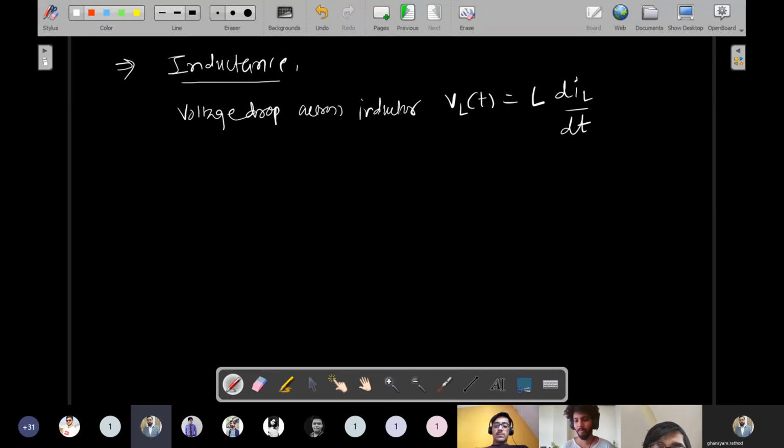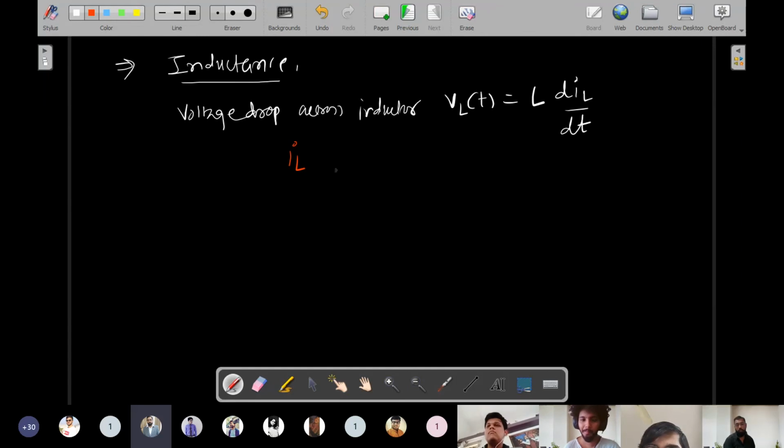These are all representations in time domain. Now suppose I'm writing the equation of iL. If I want iL, I have to remove this differentiation, so I have to take integration.